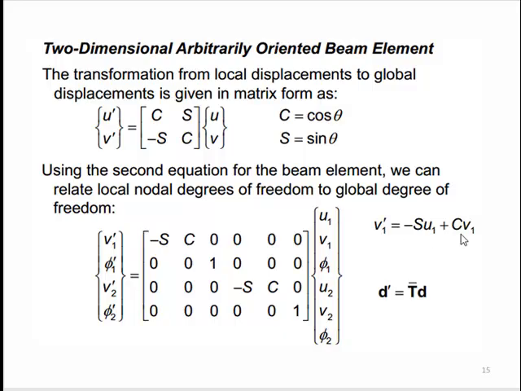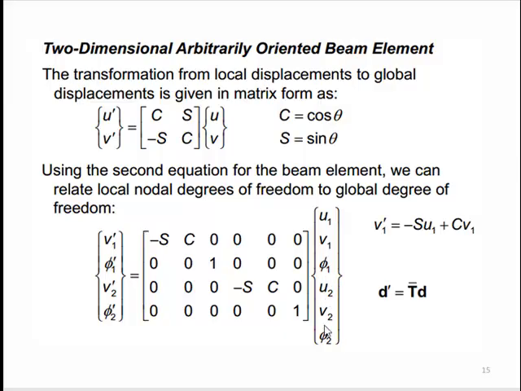So this relationship that we are using is basically from this relation. We know that in the case of a beam element, the local degrees of freedom are v1 prime, phi1 prime, v2 prime, and phi2 prime. Those have to be related with the global degrees of freedom, u1, v1, phi1, u2, v2, and phi2.